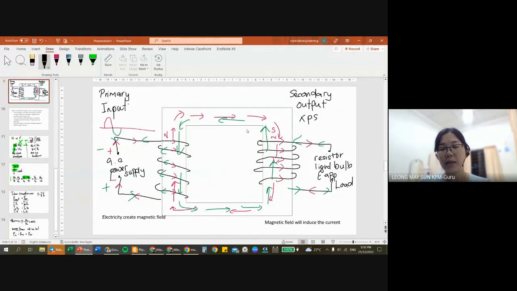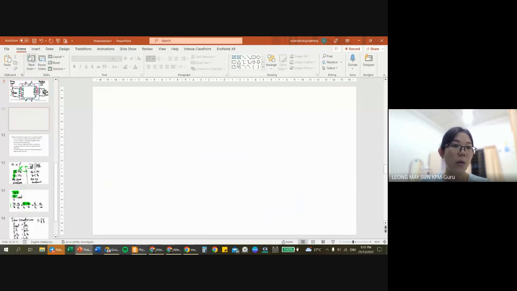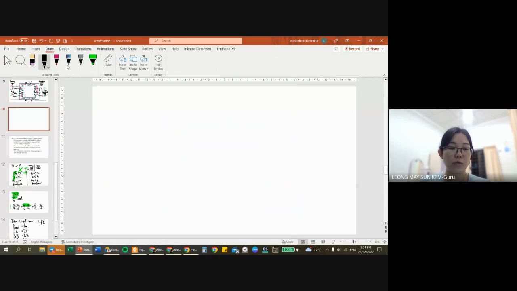Now, in a normal classical transformer, the primary coil is on the left, the secondary coil is on the right. They don't share the same axis, but this will actually cause the magnetic flux to leak away when it is transferring through the rectangular core. So what do you do? What can we do?